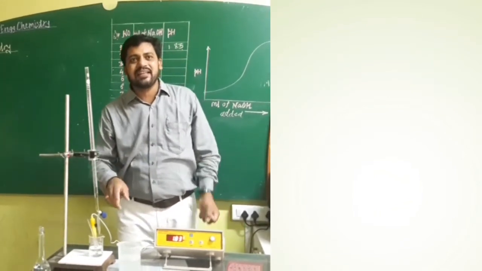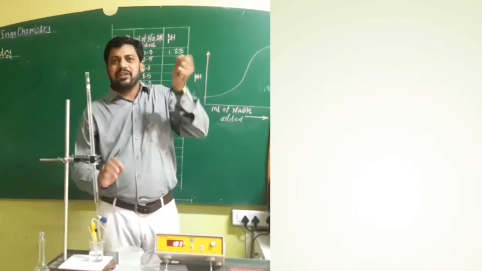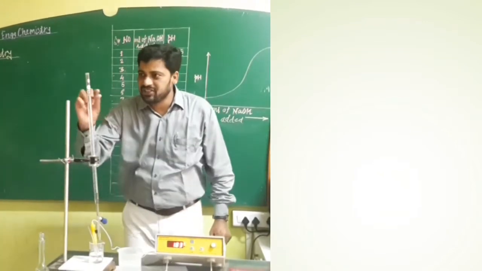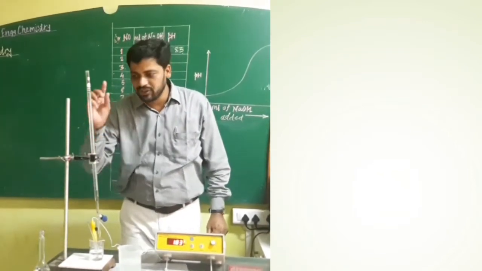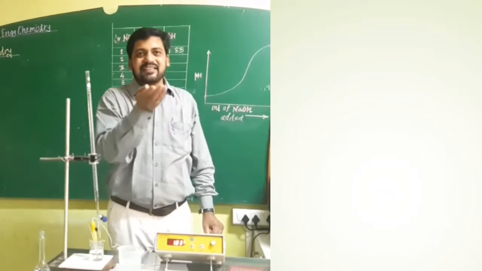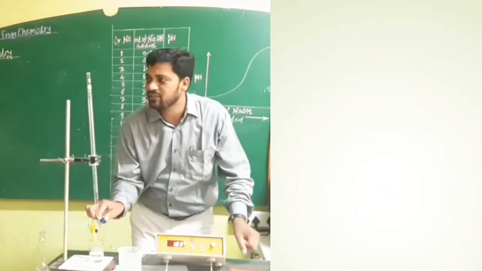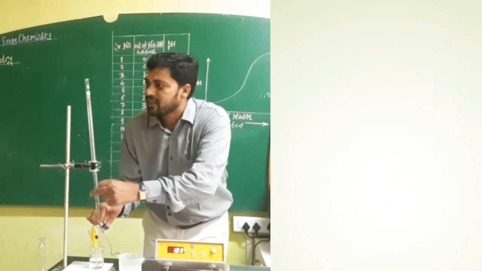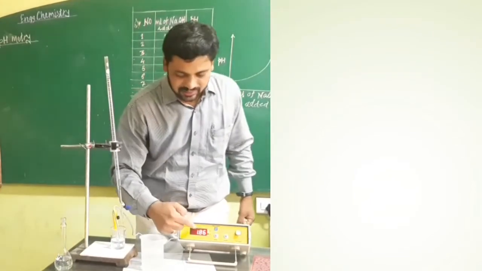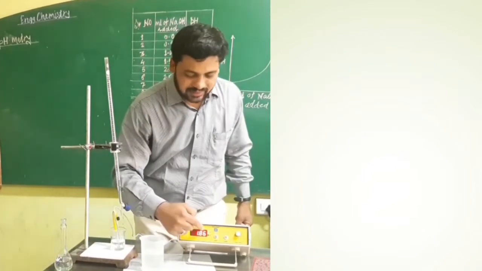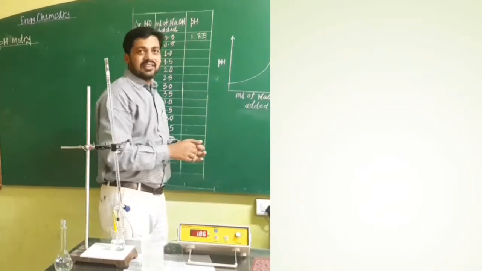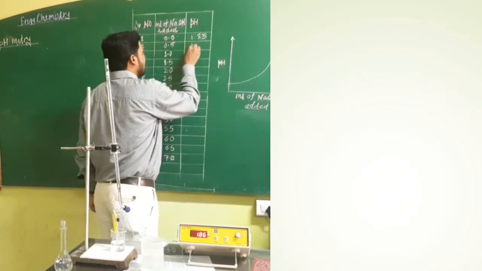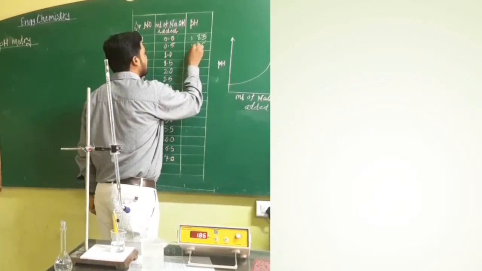So we expect an increase in pH after adding 0.5 ml of NaOH from the burette. You can notice on the screen it is now 1.86. Initially it was 1.83.